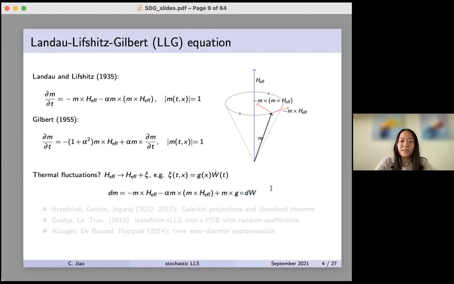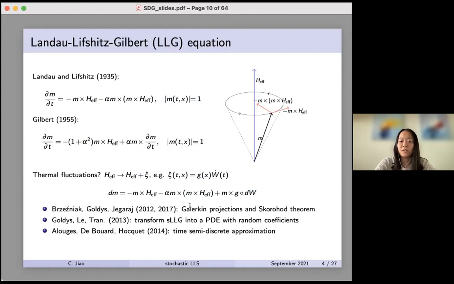For this stochastic LLG equation, the existence and in some cases uniqueness has been studied in the literature using Galerkin projections with Skorokhod's theorem in papers by Brzeźniak, Goldys and Jegaraj. Also, there's a method of transforming the SLLG into a PDE with random coefficients in a paper by Goldys and Jegaraj.